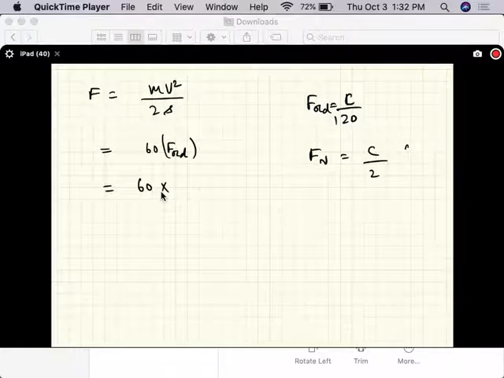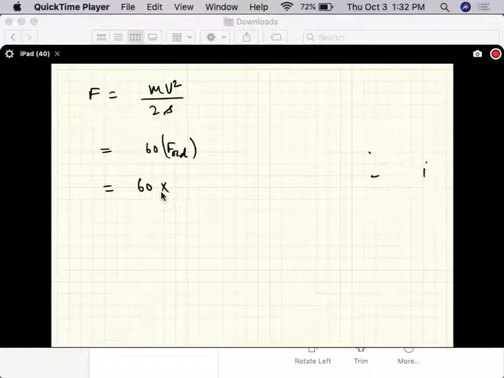So if you take 60 times the old force, that gives you the 2. Okay, so it's 60 times the old force. But don't worry about that. Let me calculate it.